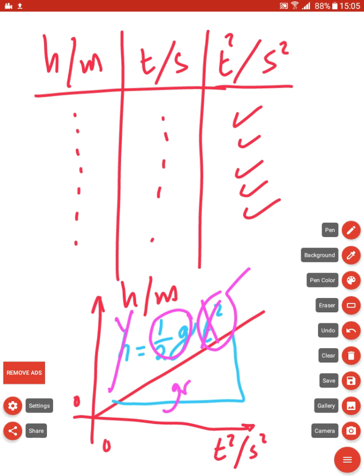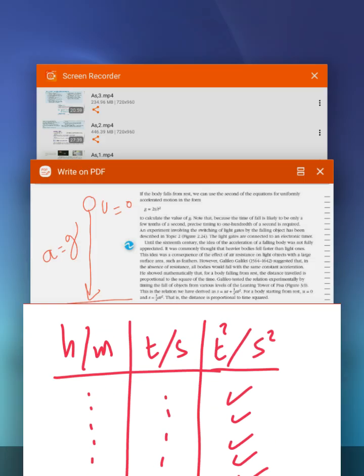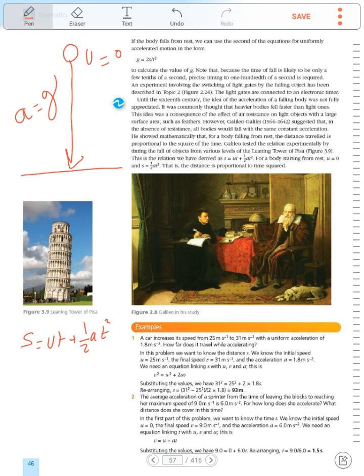So the gradient of this line equals the acceleration of free fall divided by 2. So if you multiply the gradient by 2, easily you can find the value of the acceleration of free fall with a good value.